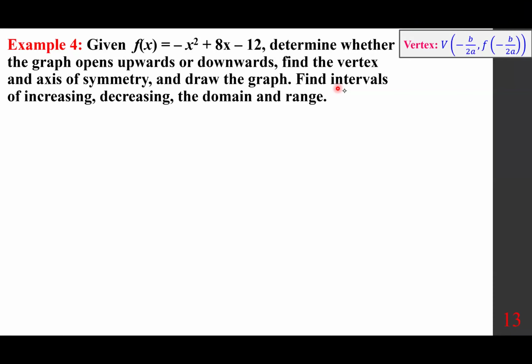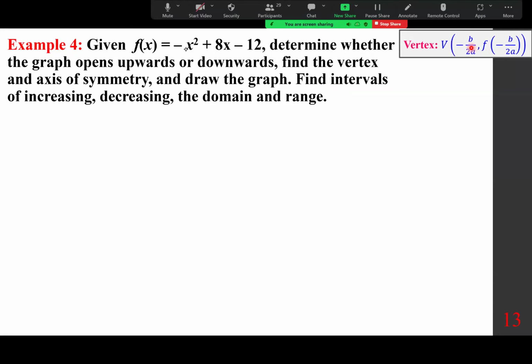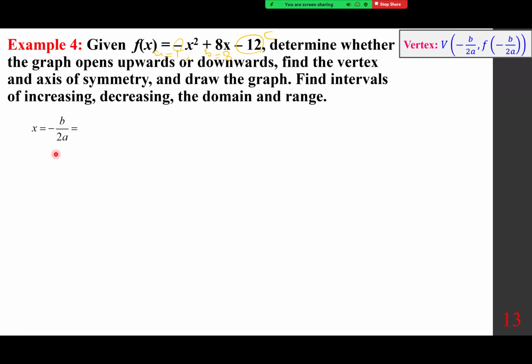All you have to do is find the vertex: x equals minus b over 2a. Let me just write: a is negative 1, b is 8, c is negative 12. x is minus b over 2a, so minus b, which is 8, over 2 times a, which is negative 1.